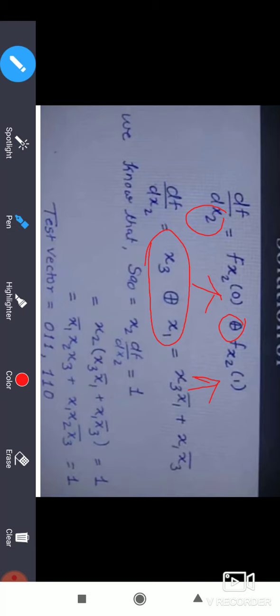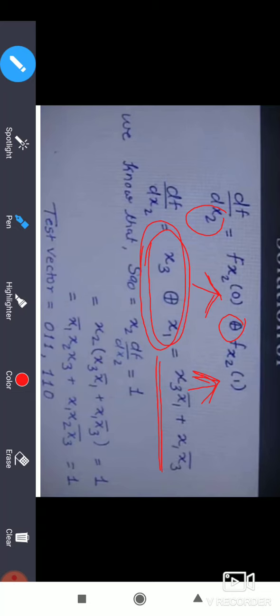First in place of x2 we apply 0, then exclusive OR with 1 in place of x2. Then we get A exclusive OR B. That way we get x3 x1 bar plus x1 x3 bar.